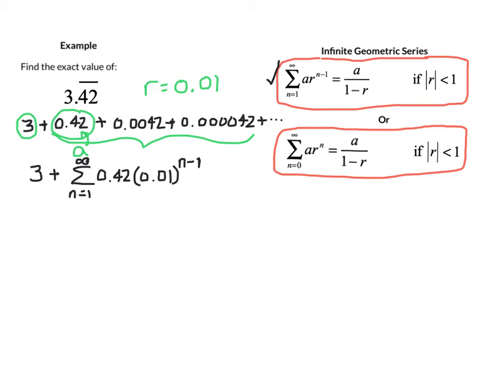So now we can go ahead and apply our formula and find out that our total here is 3 from the original integer part of our repeating decimal, plus 0.42 divided by 1 minus r, so 1 minus 0.01.